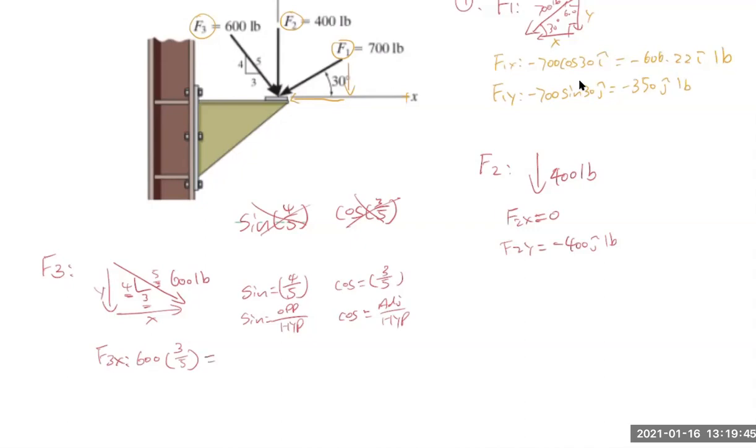And if we put this into a calculator, we're going to get 360 i hat pound force. And for F3y, be careful with the direction. It's pointing downward, so it's going to be equal to negative 600, 4 over 5. And if we put this into a calculator, we're going to get negative 480 j hat pound force.